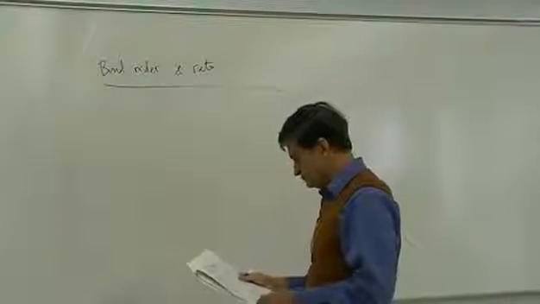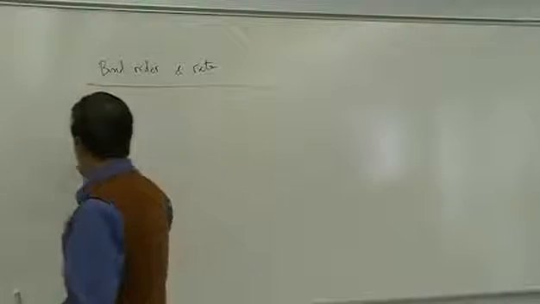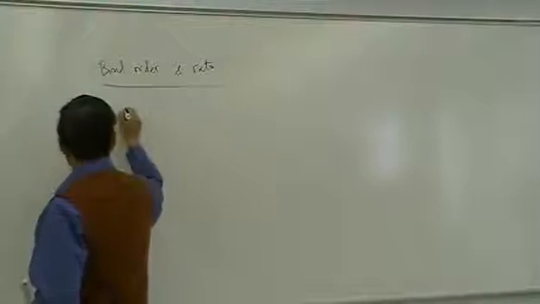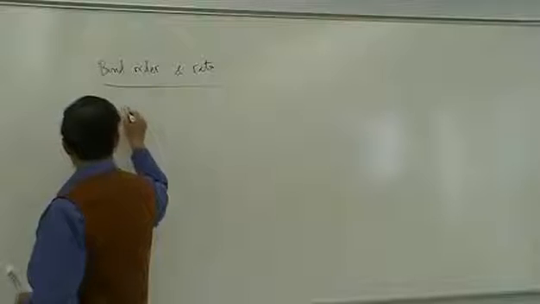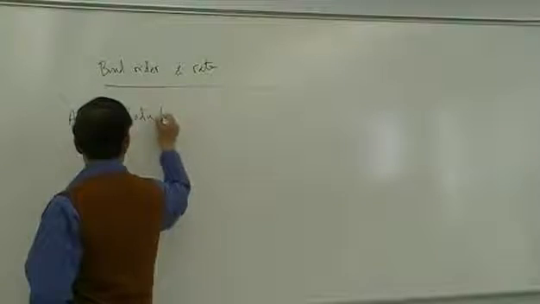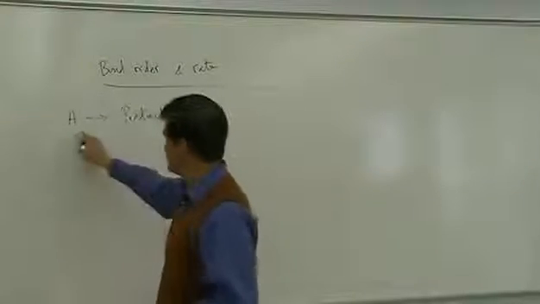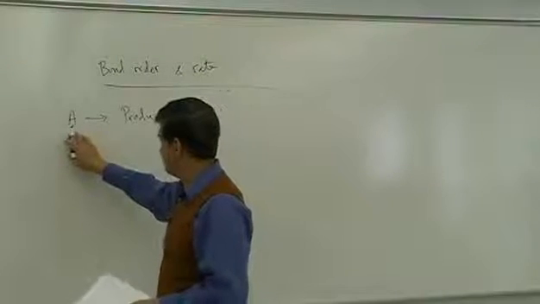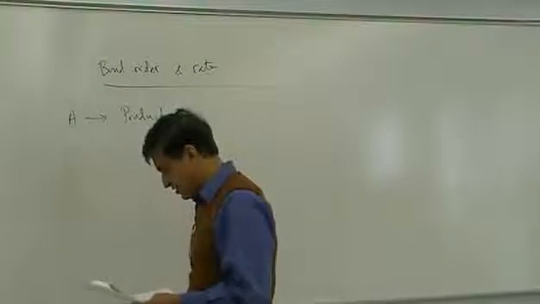Bond order and rate. Say I have a reactant giving me products, A giving products. Rather than giving any specific reactant, I'm just saying that A is giving me products.